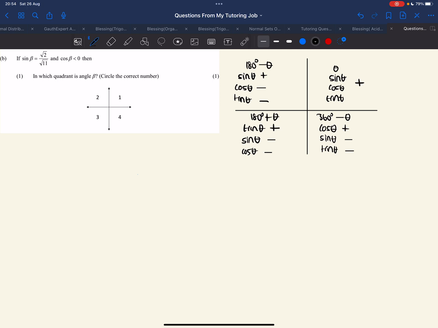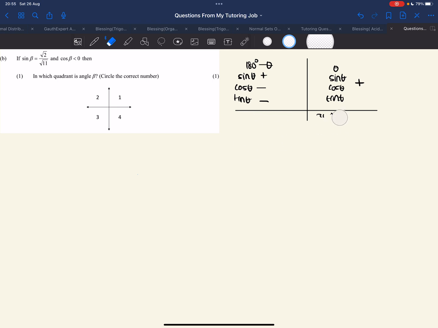All right, now in this case we are given that sine beta is positive. Now remember, the ratio of sine is going to be positive only in quadrant 1 and quadrant 2, so we can eliminate these quadrants here.